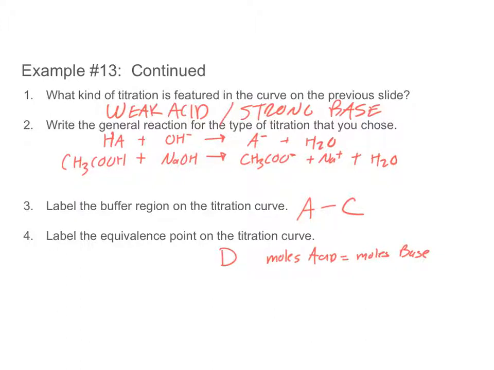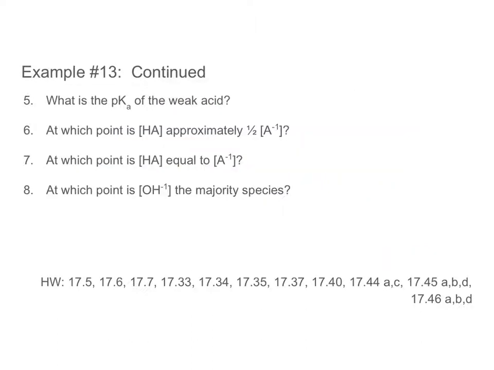Okay, any questions about these first four? No? Okay. Looking at this curve, it says, what is the pKa of a weak acid? So in this case, when we were looking at the curve, where would you identify the point to be the pKa?